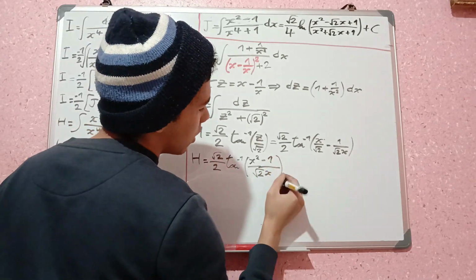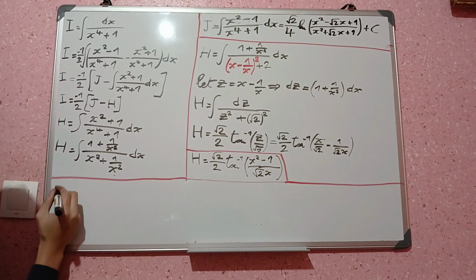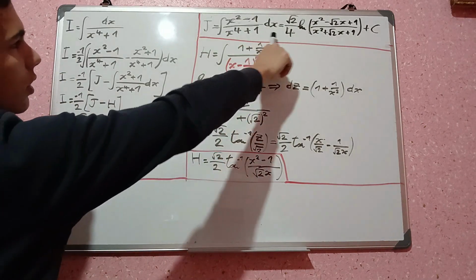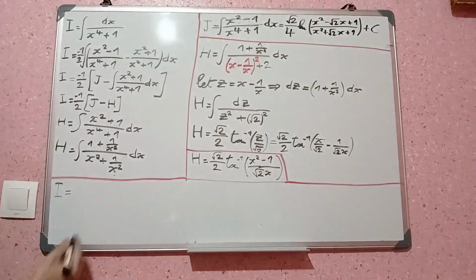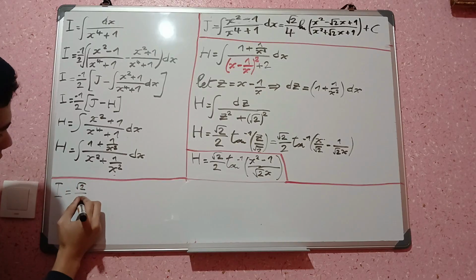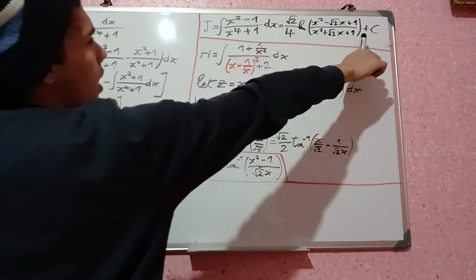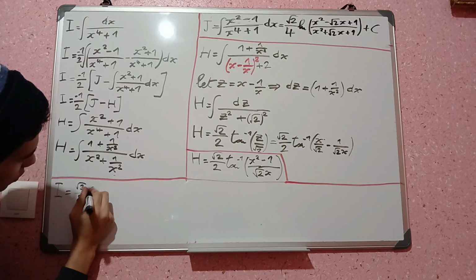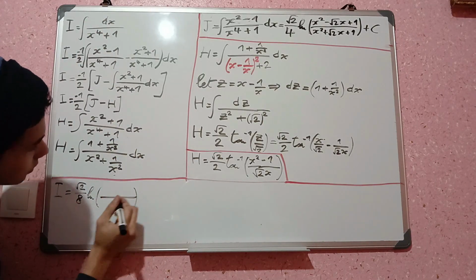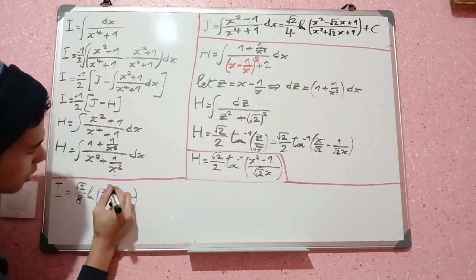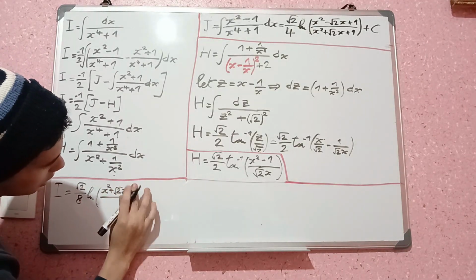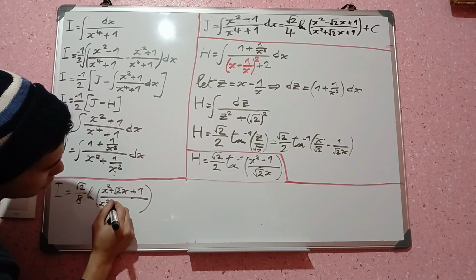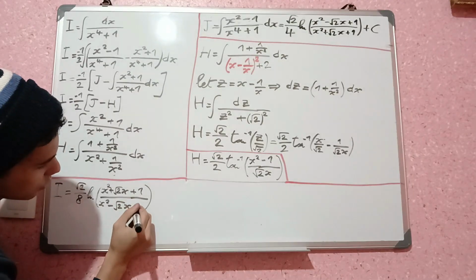So minus 1. We have I equals 1 over 2 of g, which is this. So it's square root of 2 over 8. And the ln, when you do the minus for it, the fraction is flipped. So the natural log of x squared plus square root of 2x plus 1 over x squared minus square root of 2x plus 1.